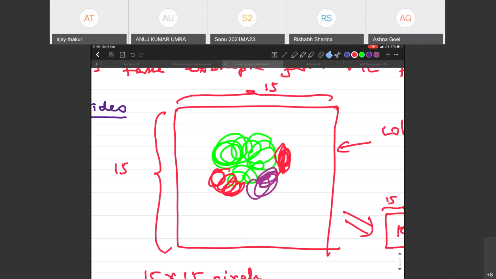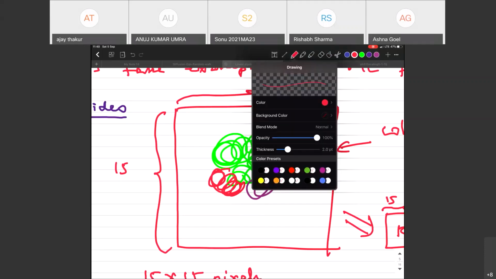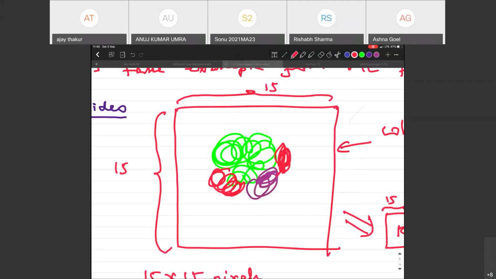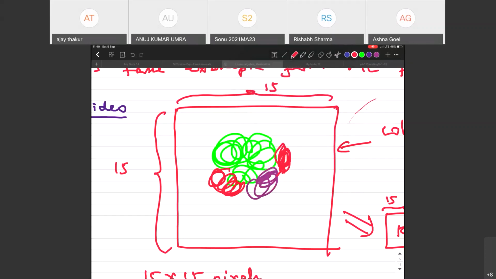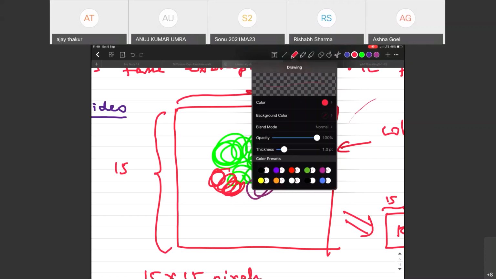Because whenever we write something, we can write it in different ways. Suppose I have written something which is very thin, and I may extend it like this, and then more.